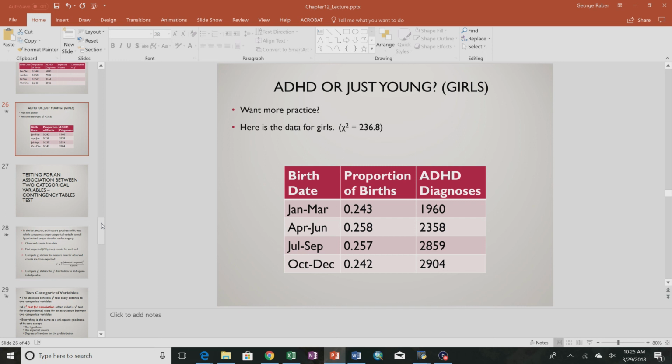So what do I mean by one set of categories? Well, everybody that's sampled, or everything that's sampled, falls into a single category. So you could use this, let's do more of a nature example.